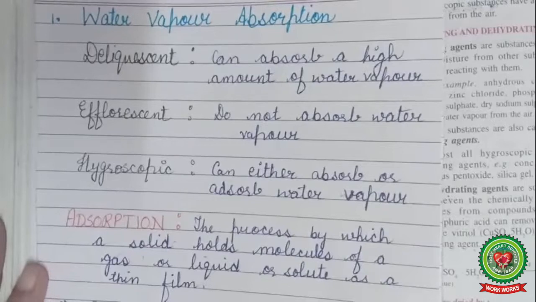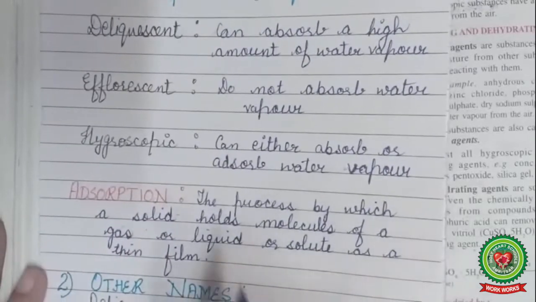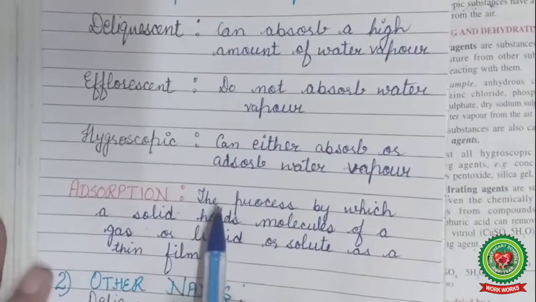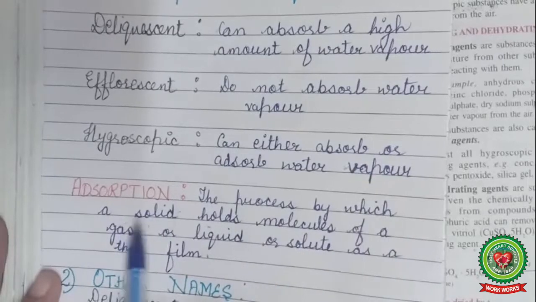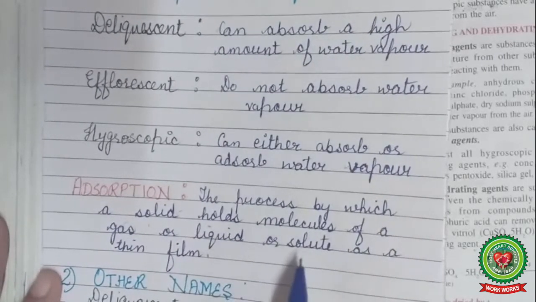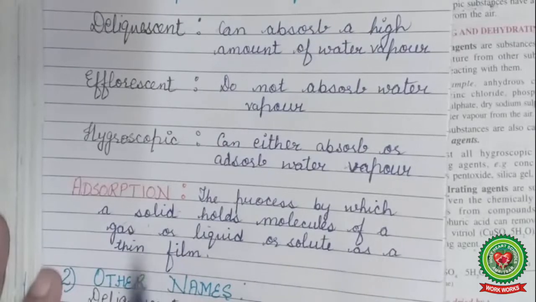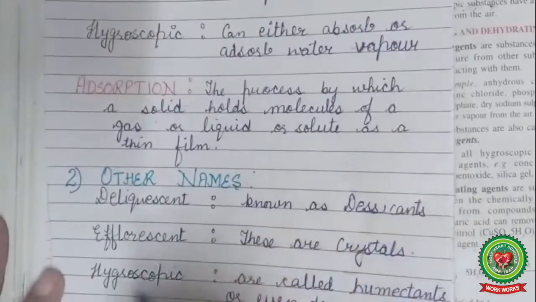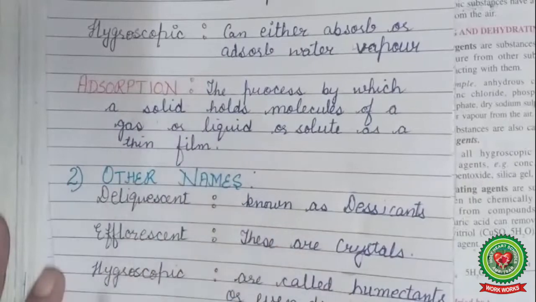So here comes a definition: adsorption. Adsorption is the process by which a solid holds molecules of a gas or liquid or solute as a thin film. The second one is other names.